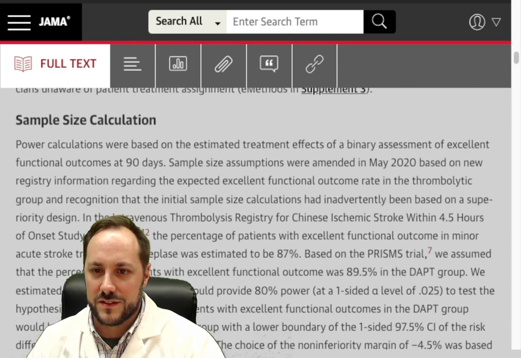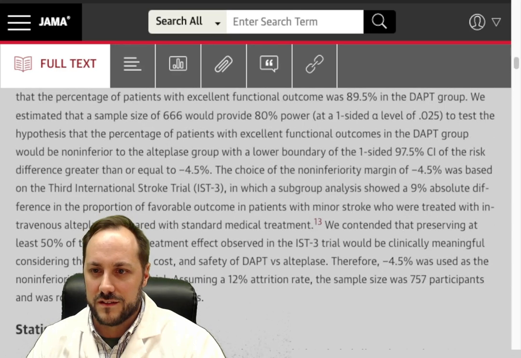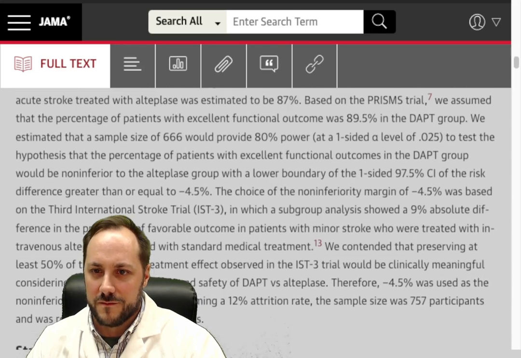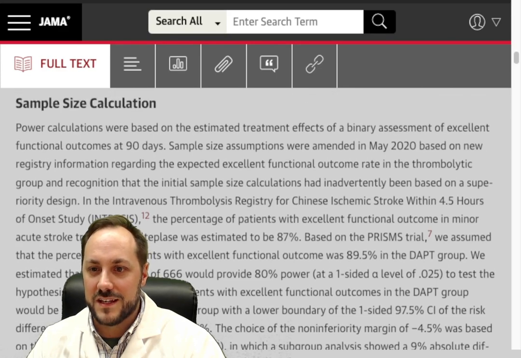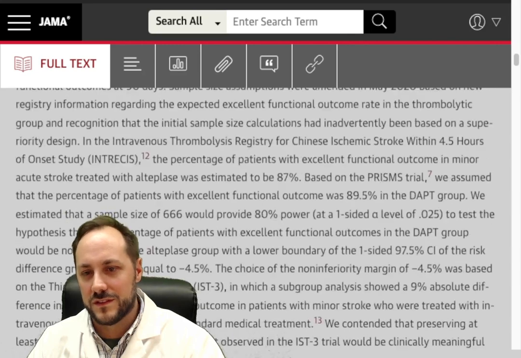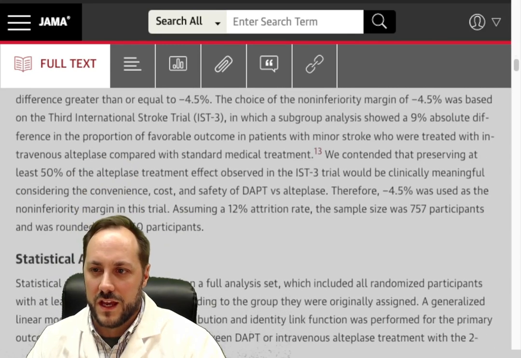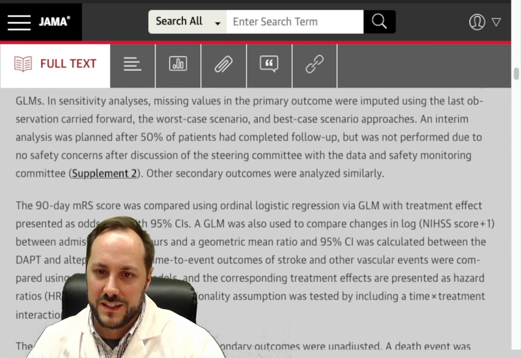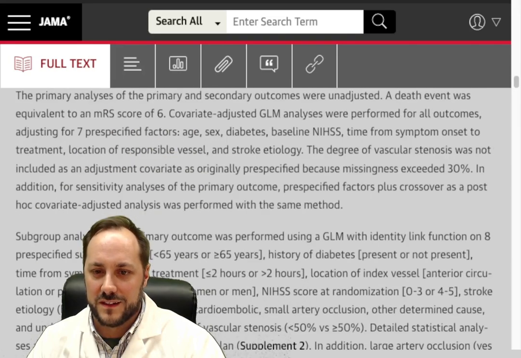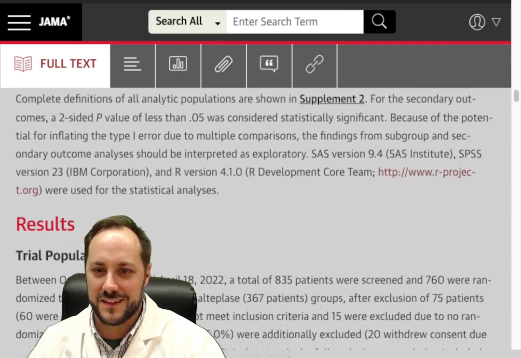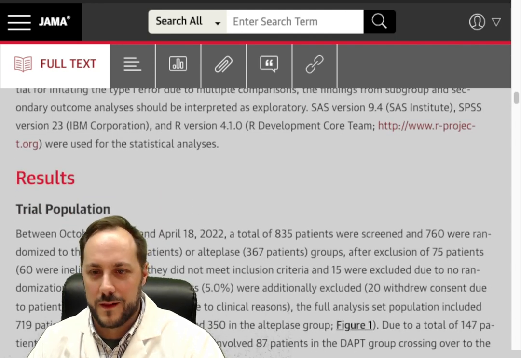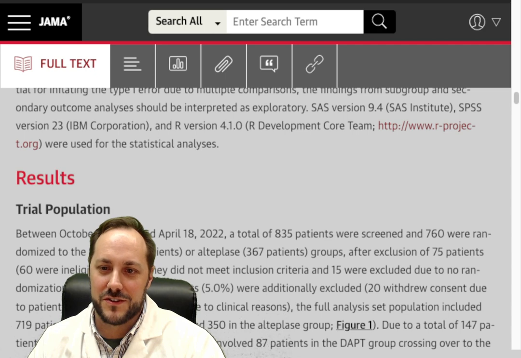They were able to enroll a lot of patients in this trial, and it looks like they had calculated the amount of patients that they needed to show their non-inferiority, and they were assuming somewhere around 600 to 700 needed, and they did a lot of statistical analysis here that I am not going to get into with you because this is not something that you really want to have me give you a degree in.